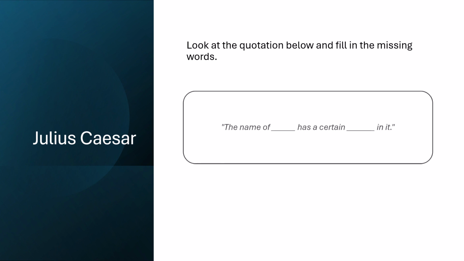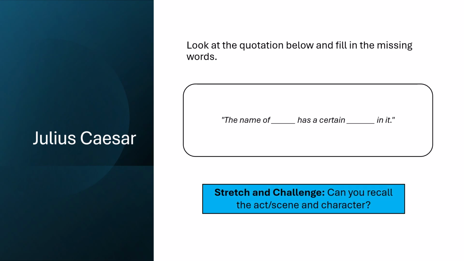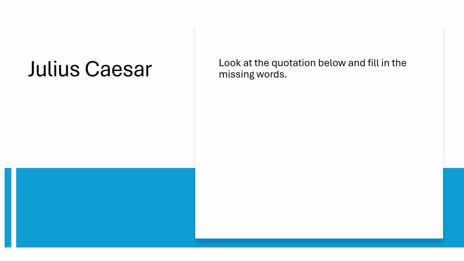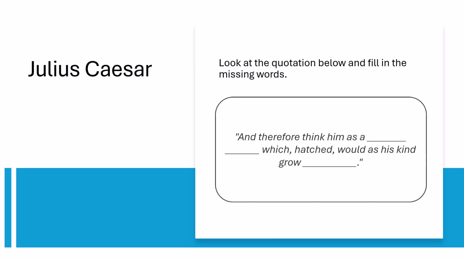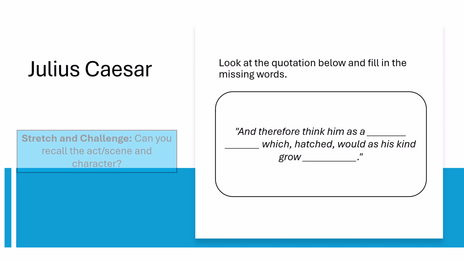For our next one, we have, the name of blank has a certain blank in it. Next we have, and therefore think of him as a blank, which hatched would as his kind grow blank.